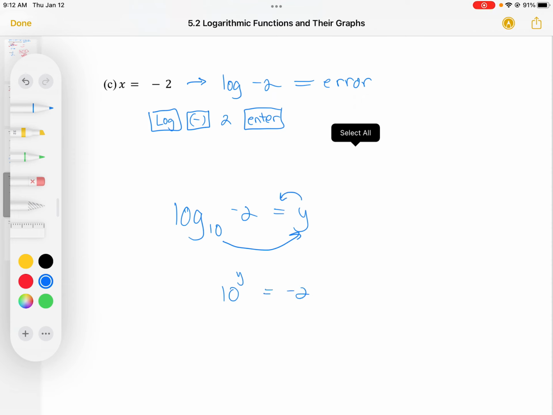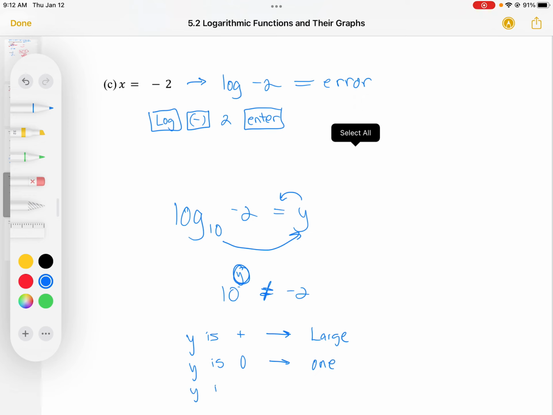Well, if we have a positive number raised to a power, there's just no way we can get a negative answer out of that, right? If y is positive, then we get values that are large. If y is 0, we get an answer of 1. Right? 10 to the power of 0 is 1.